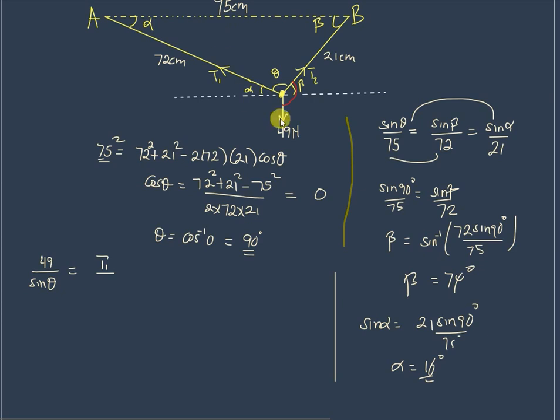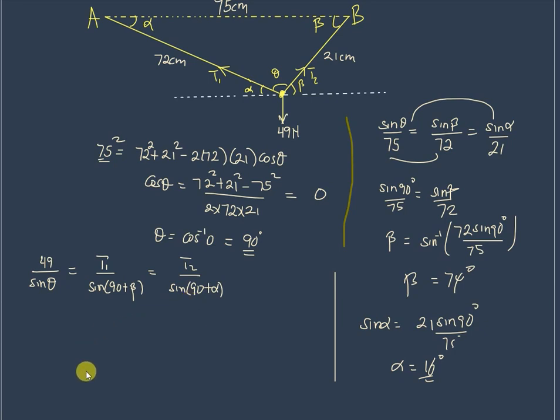So it is T1 over sine of 90 plus beta. It is also equal to T2 over sine of 90 plus alpha. That is the angle we have there.